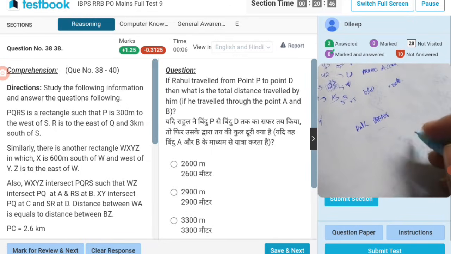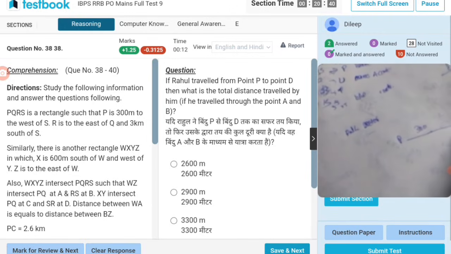PQRS is a rectangle. P is 300 meters west of S. R is east of Q and 3 kilometers south of S. So 3000.